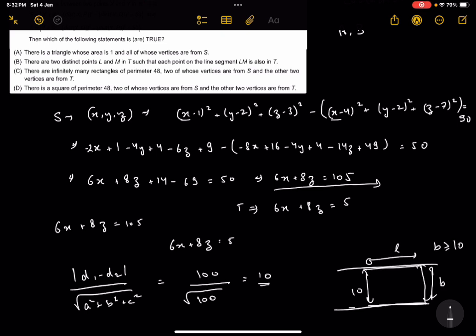So if we take B as 10, then L can be 14, and even with this combination of L and B, we can have infinitely many rectangles. There's a square of perimeter 48, which means the side of the square is 12.